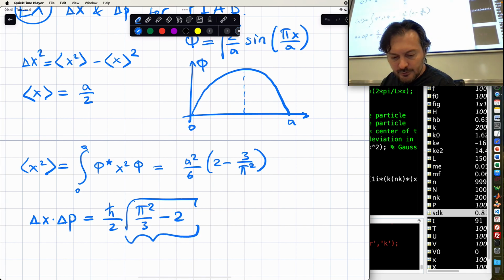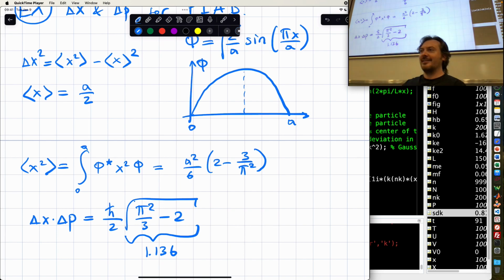And this happens to be 1.136. So it's barely touching it, but it's above it. What is the point? The point is to show you that uncertainty is there. The minimum value can be h bar over 2, but it can be higher. And as you go to more jiggly wave functions, it gets higher and higher. Okay?